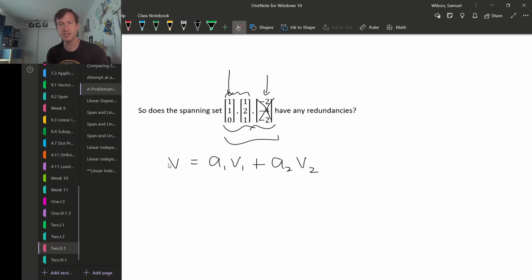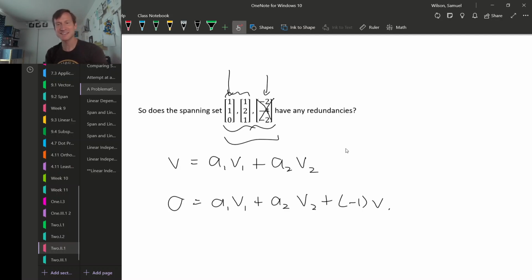So here's the equation that we solved to decide if v was linearly dependent on v1 and v2. Well, we could make this look more symmetric. In other words, make all of the v's come into the equation in the same way just by moving v to the other side. So that would look like this. 0 equals a1 v1 plus a2 v2 plus minus 1 times v, right?